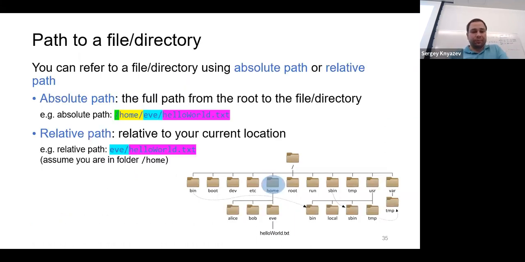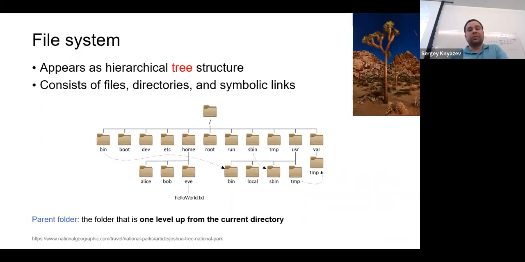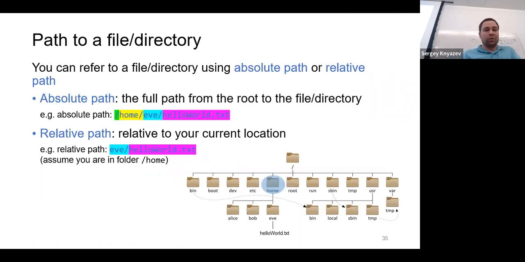In Linux, everything starts with the root, which is just marked as a slash, right? To assign an address, there are two types of defining the location of your files and your folders.